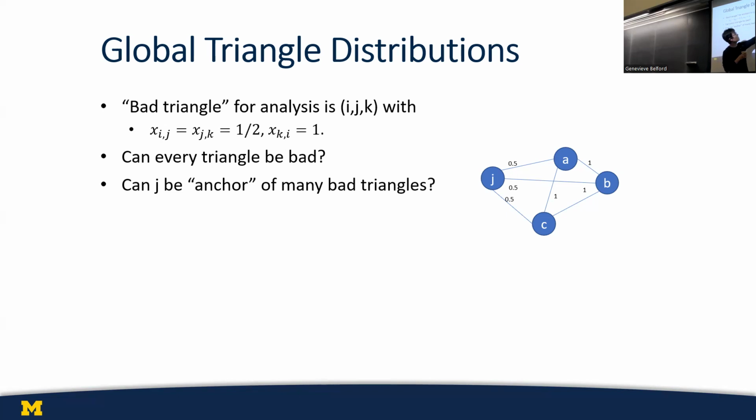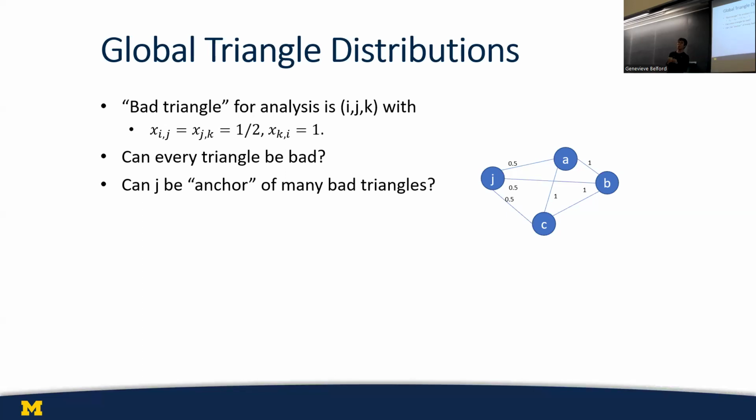It means that J is the anchor of three bad triangles, JAB, JCB, JAC, and A, B, C have distance 1 from each other, which means that A, B, and C are always separated. But J has a distance of only half to all of A, B, C. Do you find this kind of suspicious?